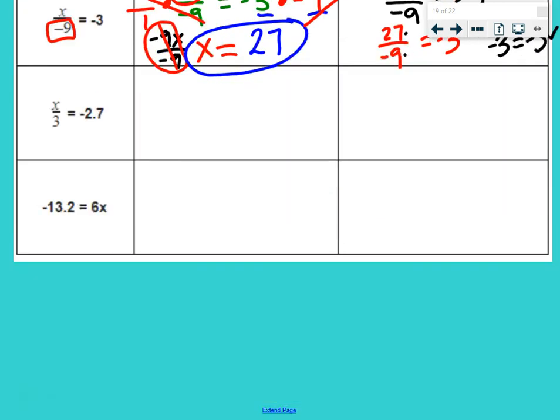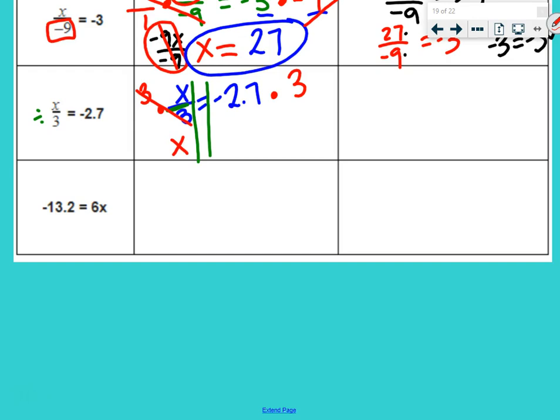Another division problem to try. We have x over 3 equals negative 2.7. Draw your railroad tracks. We have division right there. That fraction bar means divide. To undo divide, we have to multiply. We're going to multiply by 3. The 3's cancel. 3 divided by 3 is 1.